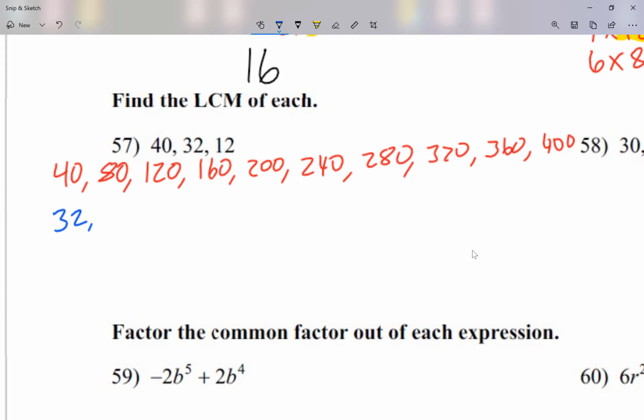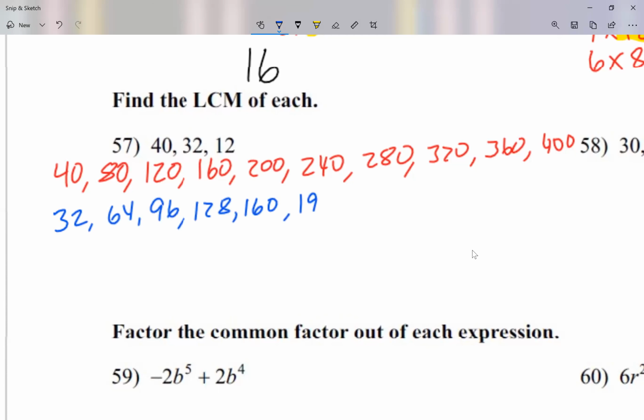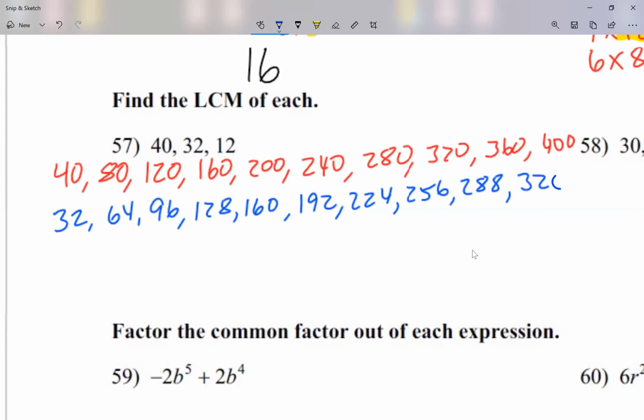So I get 64, 96, 128, 160, 192, 224, 256, 288, and let me stop at 320. I started with 32 and each time I added 32 more.